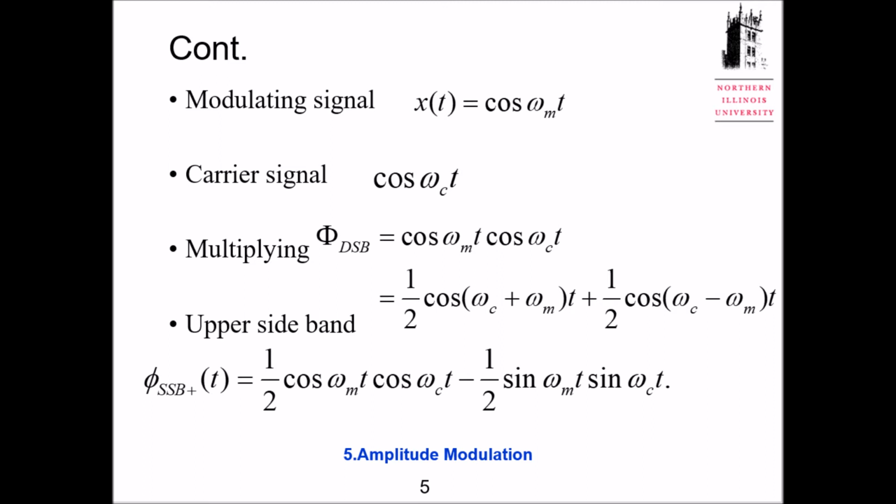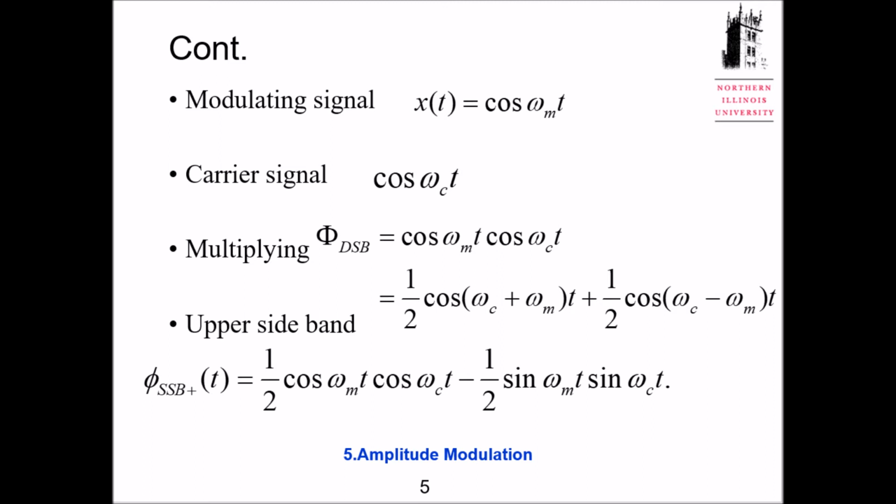This one is a modification of my message, right? This is my message with a phase shift. How much do we shift? 90 degrees, or pi over 2. Sine omega_c t is your carrier phase-shifted by 90 degrees. Okay. Any problem for this one?